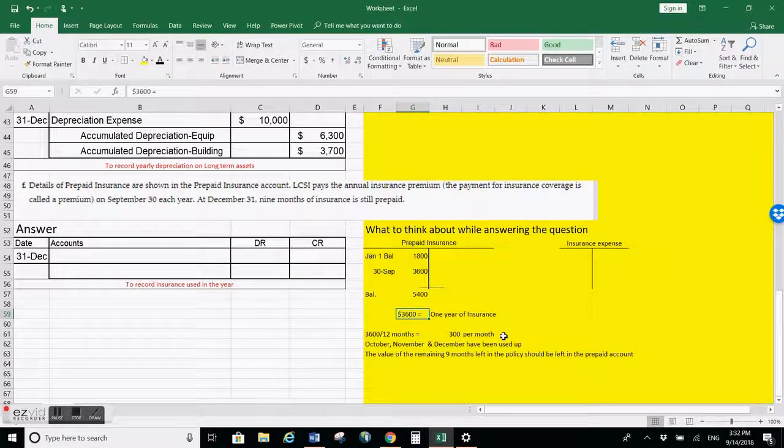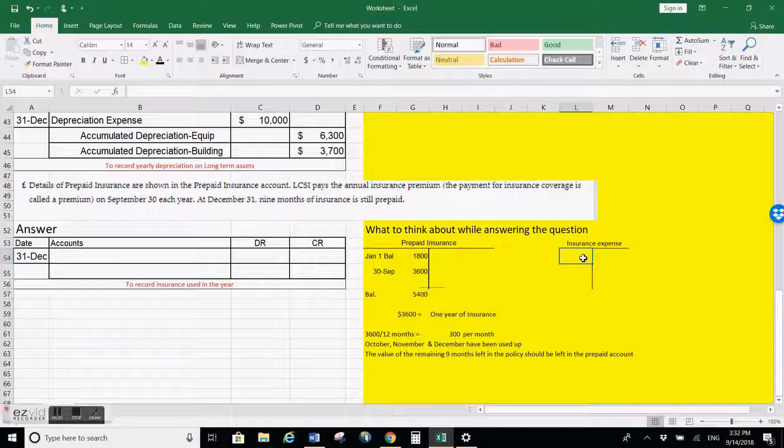So October, November, and December of that policy has been used up. That's part of what we want to go into insurance expense. Also, we can presume that that $1,800 has been used up, and that will go into insurance expense because expenses are things that have been used up.